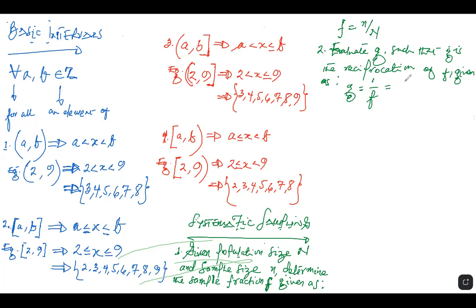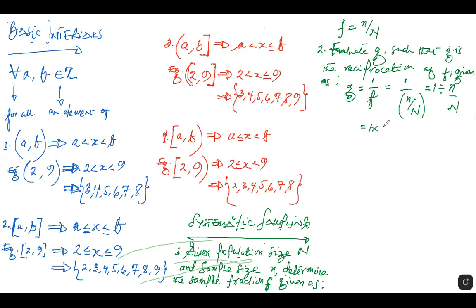F is small n over big N. So it means that I have 1 over small n over big N. And if I want to write this out using another operator, this is the same as 1 divided by small n over big N. And you recall from basic school that you can change the division to multiplication, and then you flip the fraction.